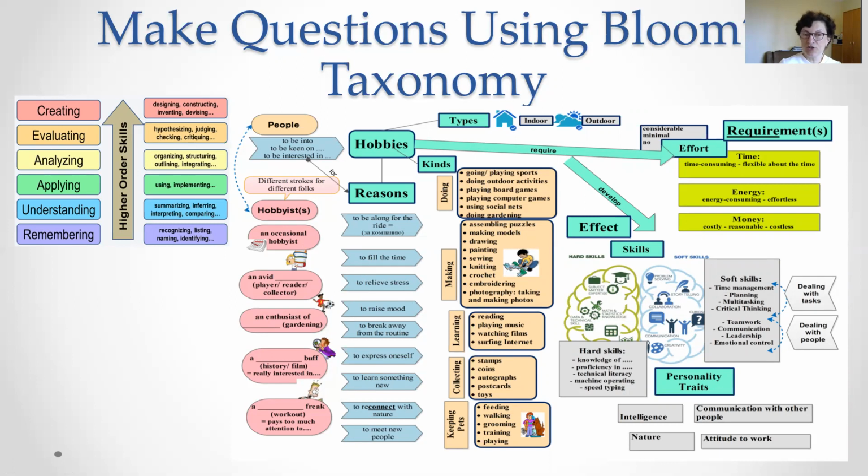We structured a plan for a person who is a particular type of hobbyist, how to turn his hobby into his future job. So we were able to talk about people's hobbies and to evaluate them from the point of view of the development of hard skills and soft skills.